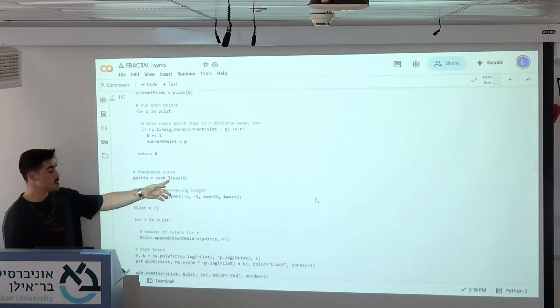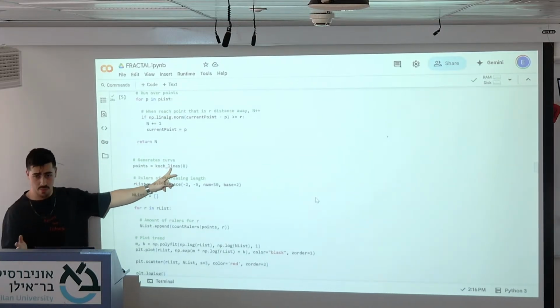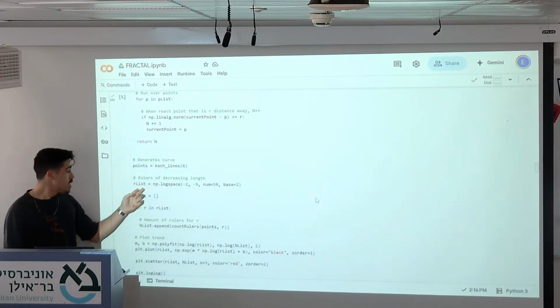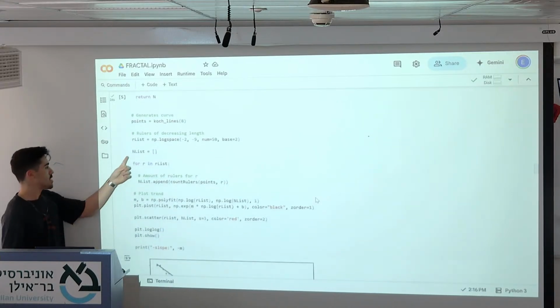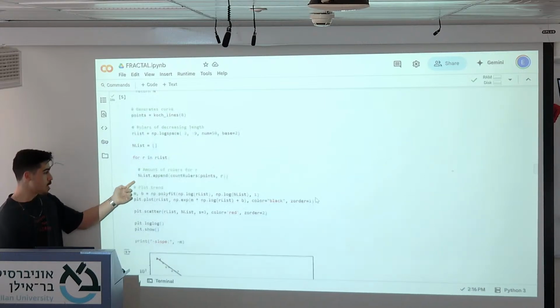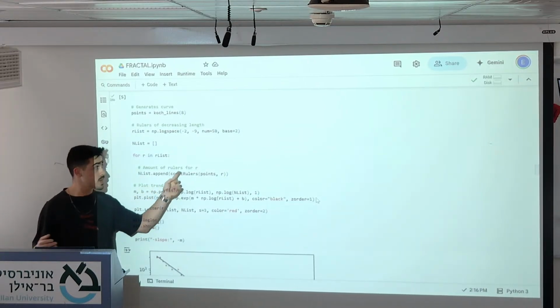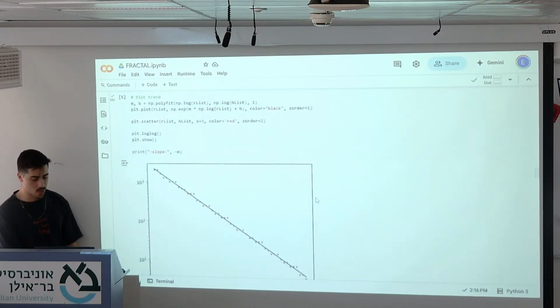So we generate the points for the Koch curve, the same function we used before, and we generate a list of r's, logarithmic, and this is where we count our n's for various r values. And then for each r, we just append how many rulers we counted with the function above. And we get this graph.